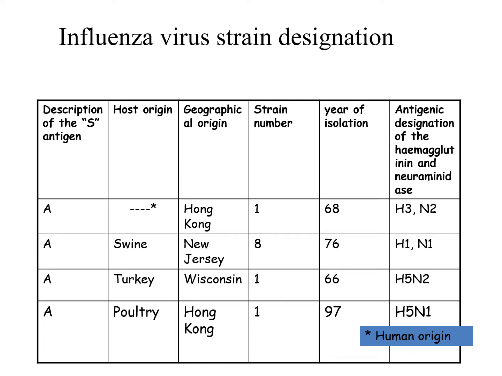The second example is influenza A which infects pigs, so it's swine. It was first isolated in New Jersey, the strain number is 8, the year of isolation is 1976, and it has H1 and N1. So that's how we name the influenza type A viruses.